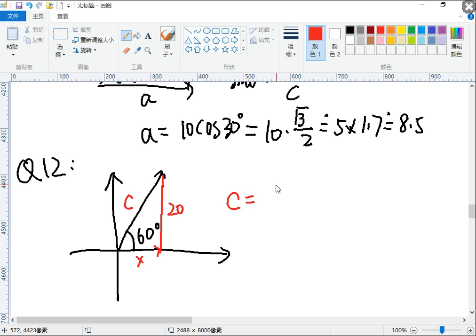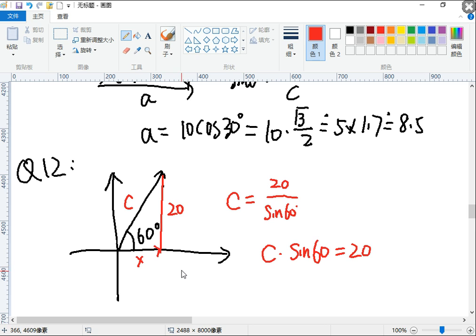C should be 20 over sine 60. Why? Because C times sine 60 gives you 20. So how do I have 20 here? This is said in the problem that each vector has a y component of 10. So I know that the sum should be 20 in the resultant vector. The y component should be 20.